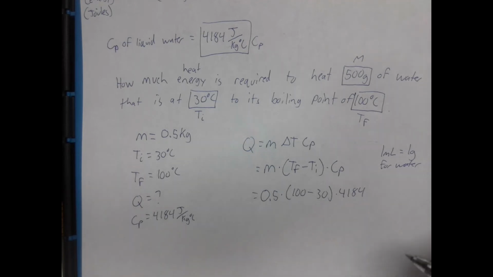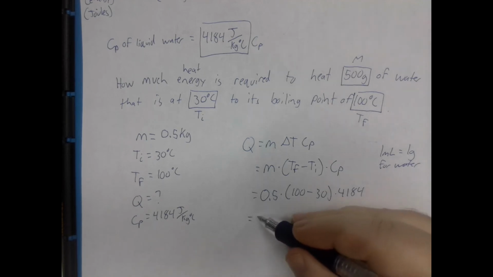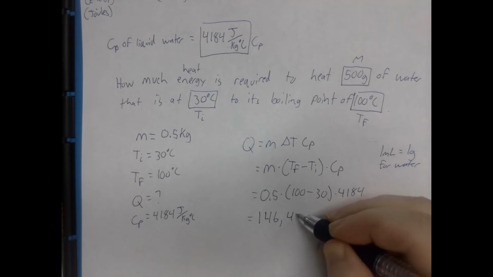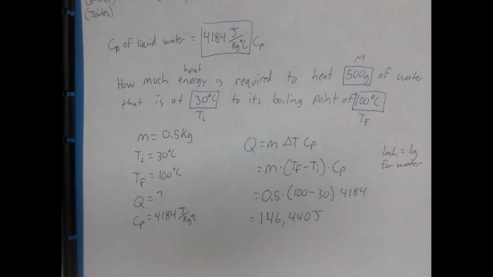So doing this, we see that it requires 146,440 joules of energy. So if you were to dump a water bottle's content that's at 30 degrees Celsius, so roughly like 80 degrees or something.